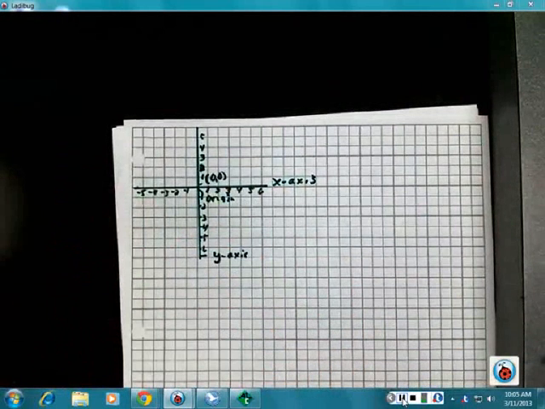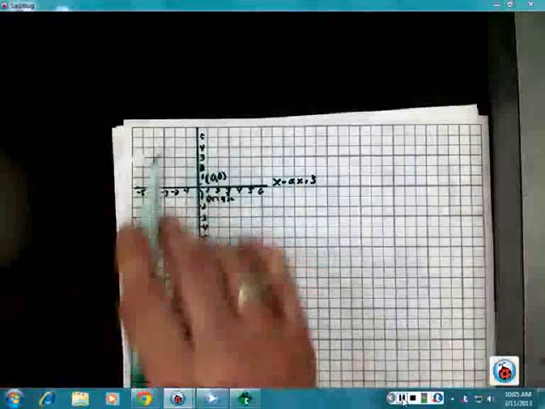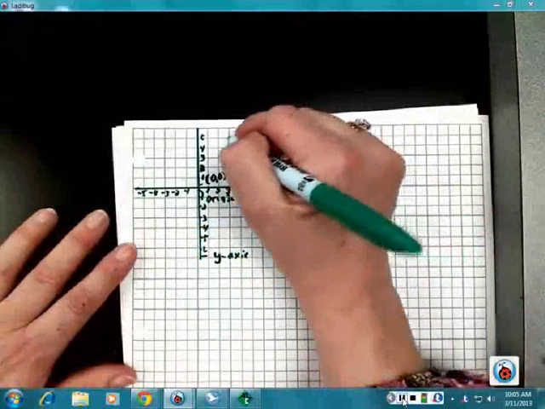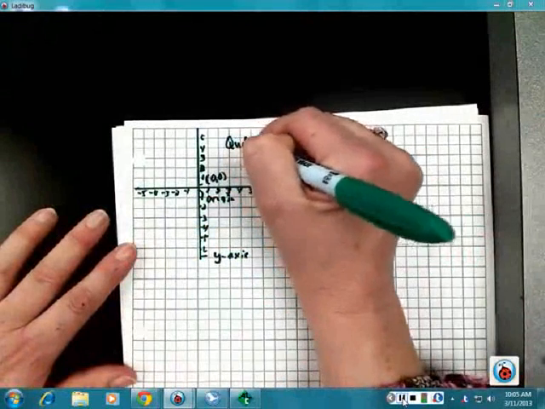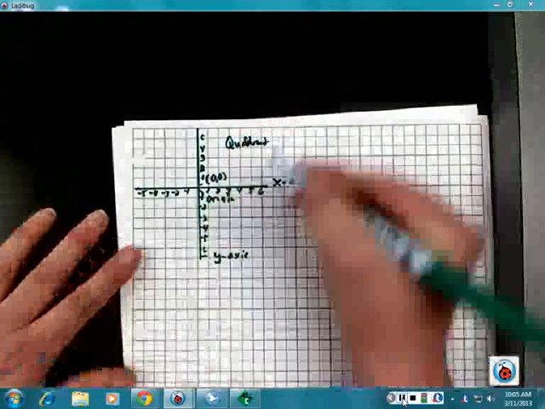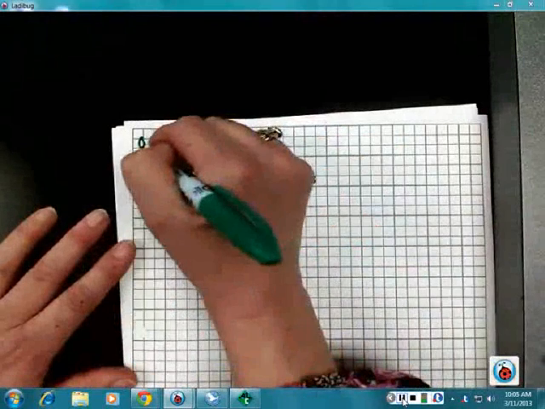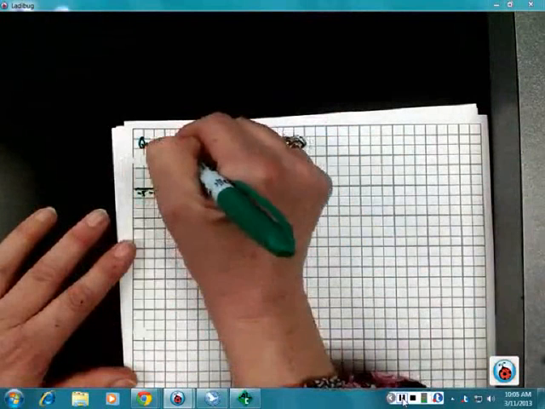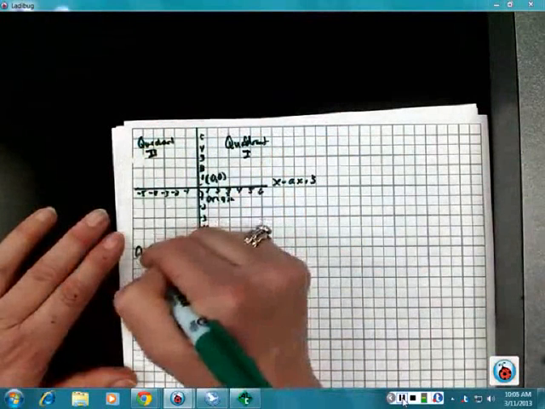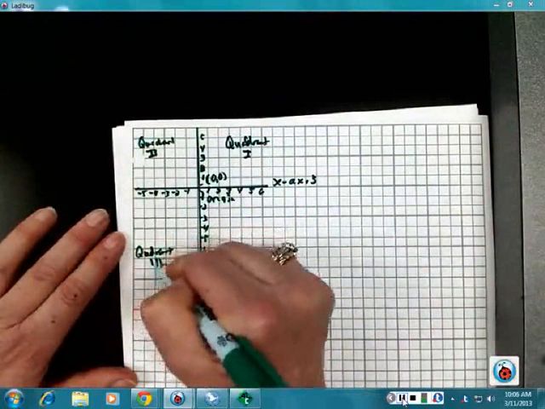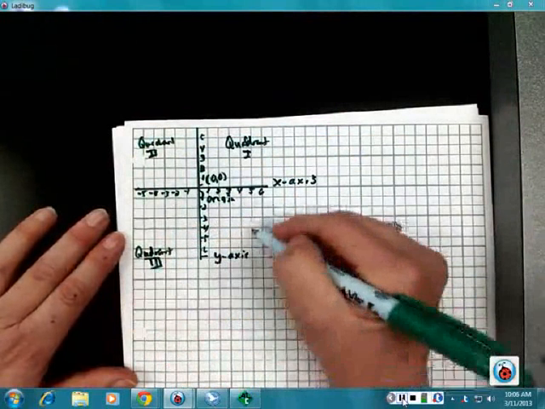Within this, there are quadrants, but your quadrants go counterclockwise of each other. And the reason we have those is because each one has certain things that occur in it.